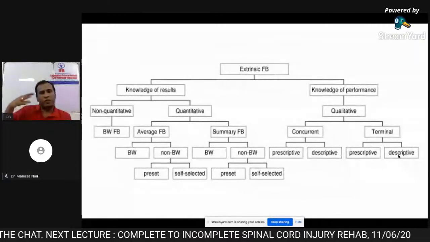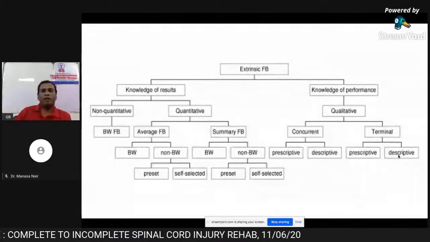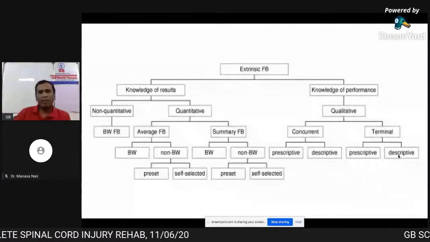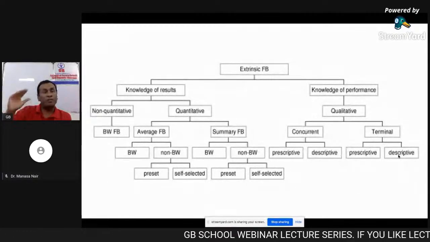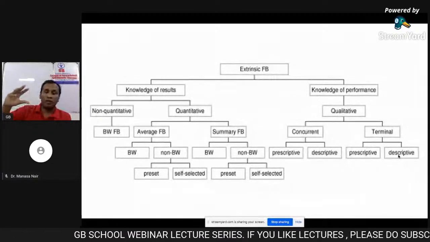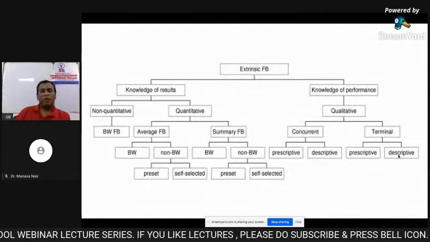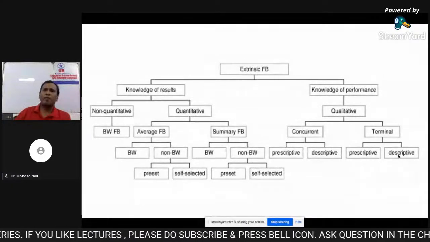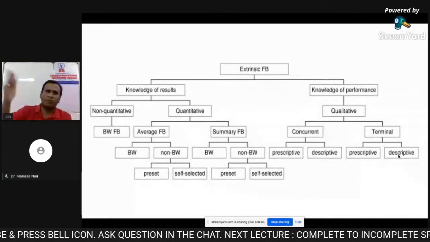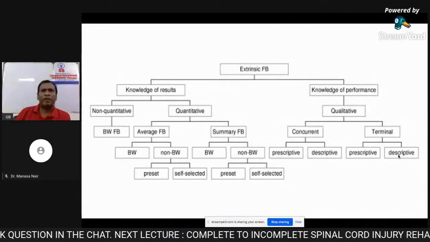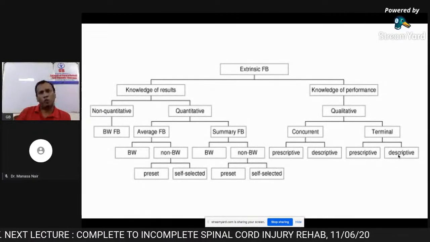So Terence was able to give more details to the participant, and then the participants could conclude or modify a particular position or activity or dance. Whereas prescriptive feedback is like, overall the dance was good, but I think you could have done better, and the movements were not very acceptable. That is also not good.